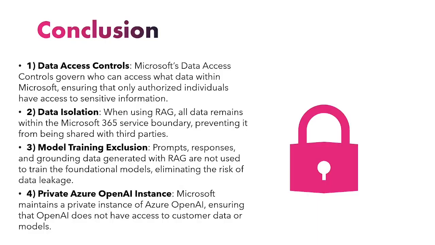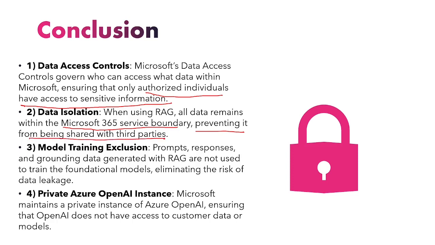So all in all, in conclusion, Microsoft's data access controls govern who can access what data within Microsoft, ensuring that only authorized individuals have access to sensitive information. That means Copilot for Microsoft 365 is safe and secure in all senses. Speaking of data isolation, when using RAG, all data remains within the Microsoft 365 service boundary, preventing it from being shared with third parties.